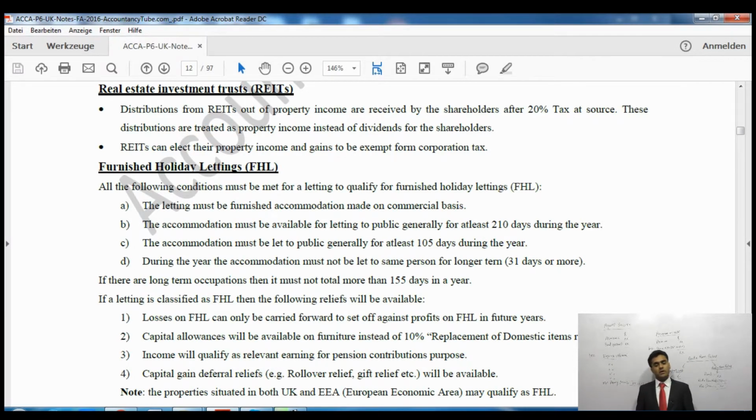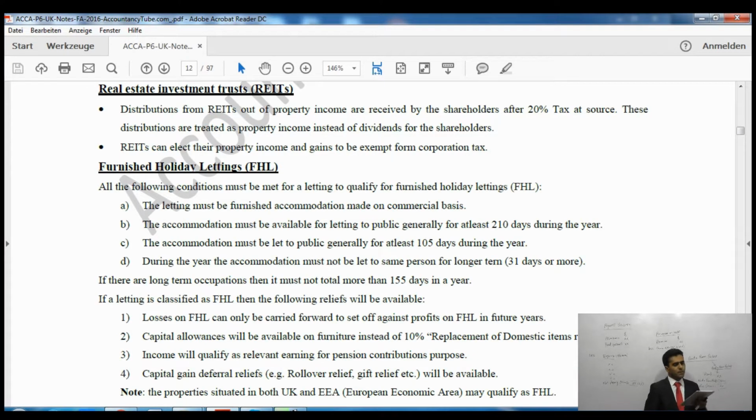When they pay you dividends, they will tell you whether they are paying you out of the other income or out of the property income. In the notes it says that distributions out of the property income are received by the shareholders after 20% tax at source.